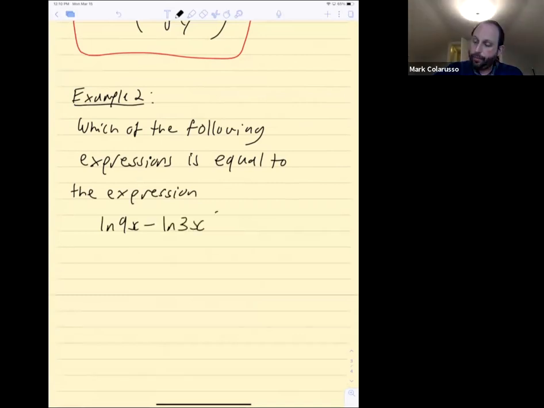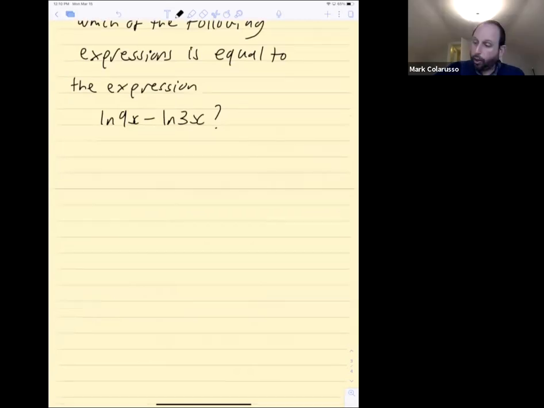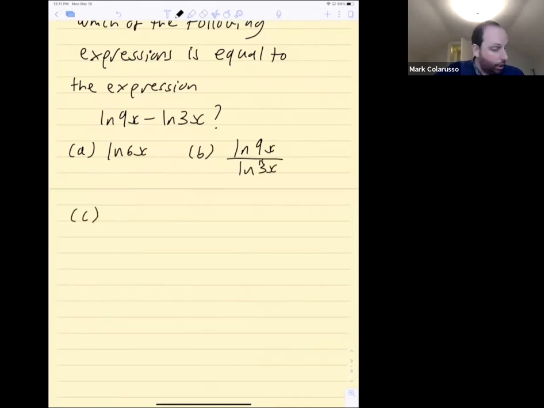It gives us 4 choices, so it's a multiple choice question. Choice A is ln 6x. Choice B is ln 9x over ln 3x. Choice C is 6 times ln x. And choice D is ln 3.